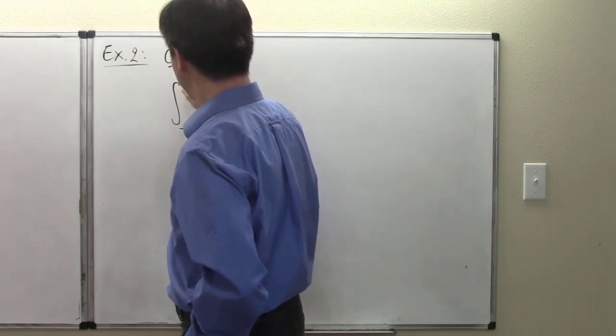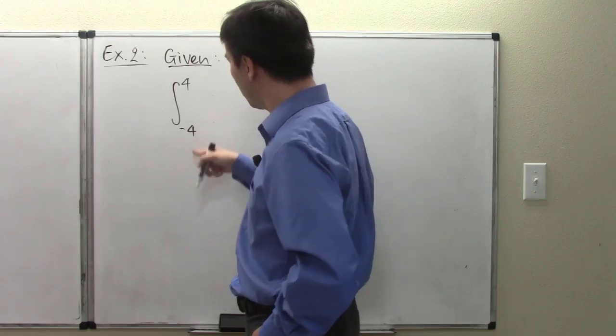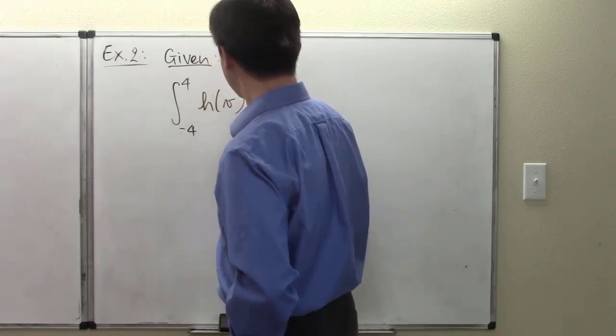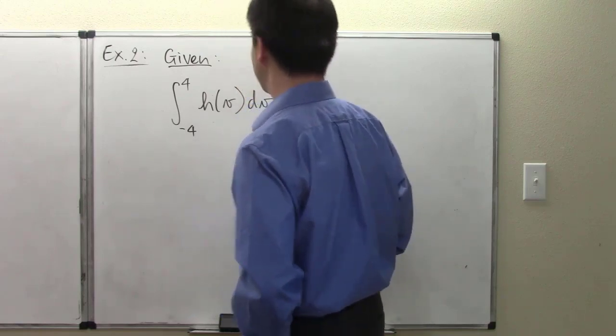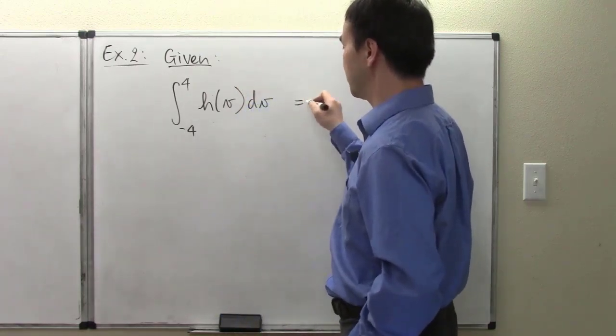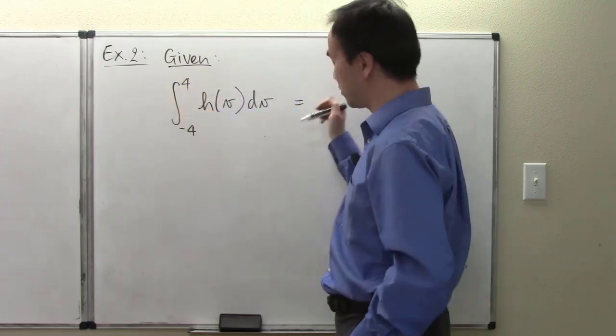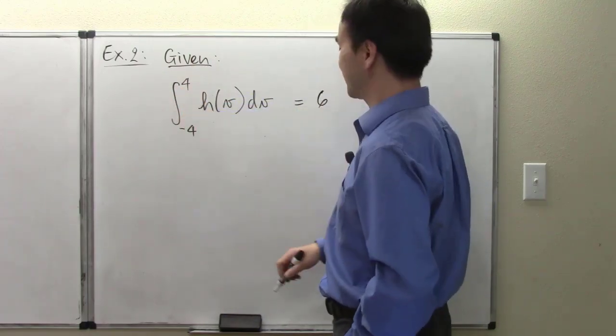We are given 2 definite integrals. One of them is the integral from -4 to 4 of the function h of v dv. This is given information, so we are given that this integral equals 6.